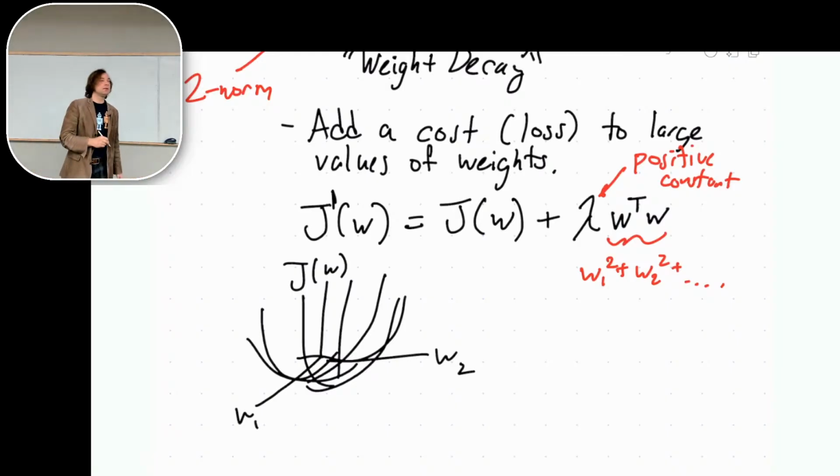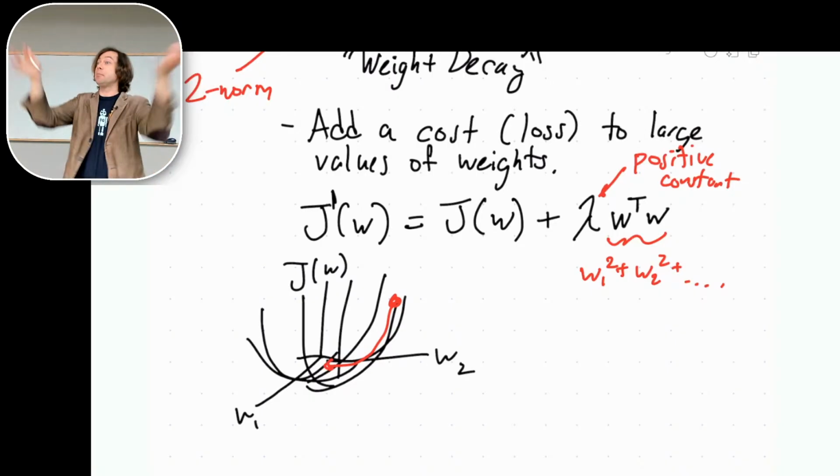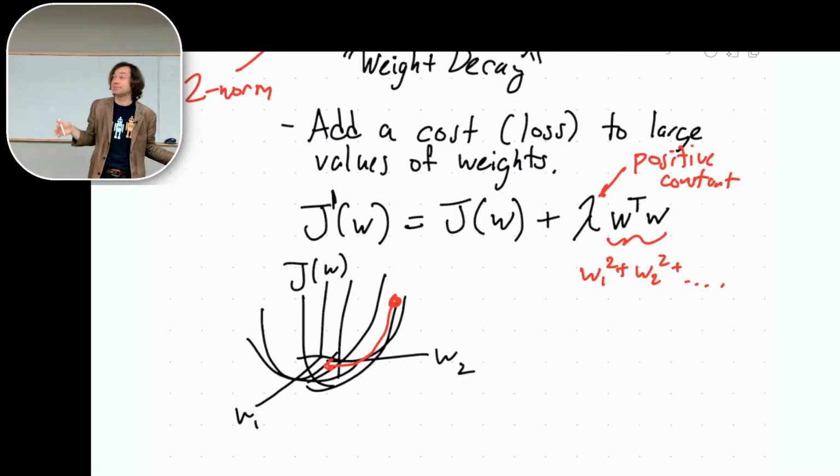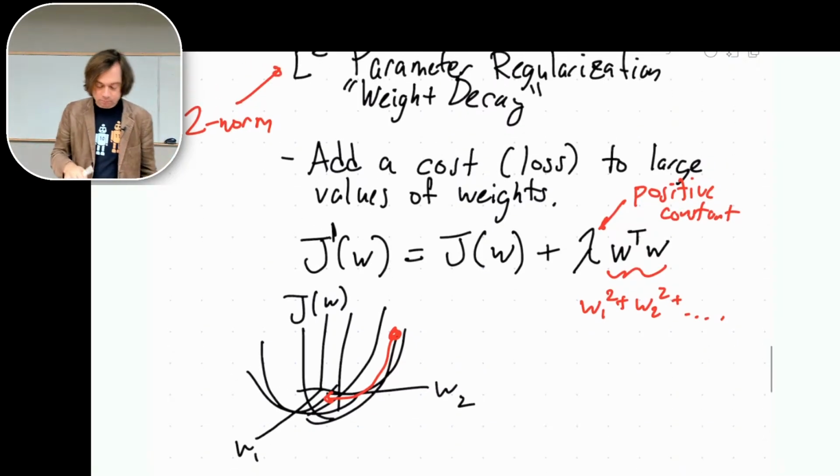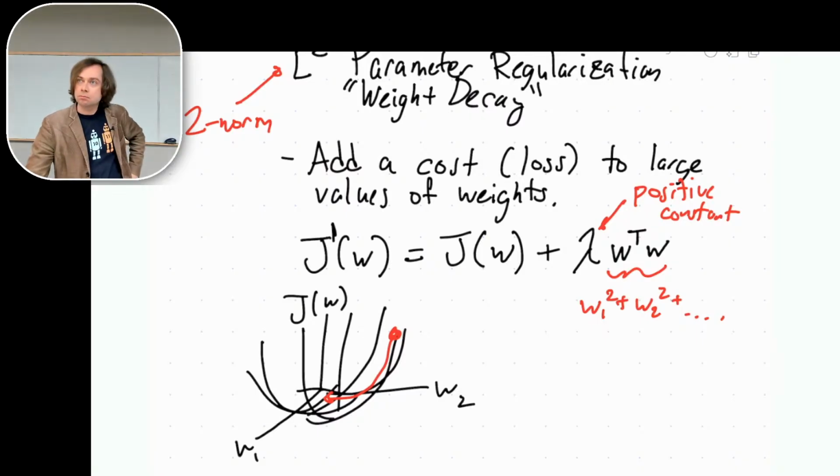The more it looks like a bowl, the more gradient descent is going to want to go to the bottom, right? So when you're adding all these squared terms, guess what you're adding? You're adding a paraboloid, the bowl. That's L2 parameter regularization.